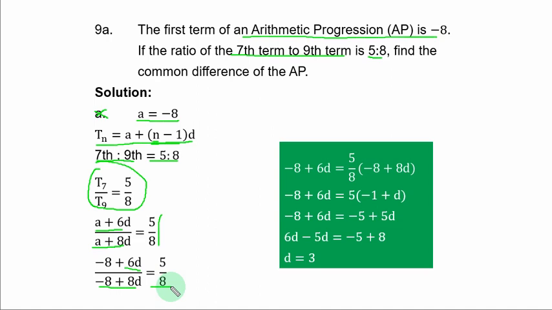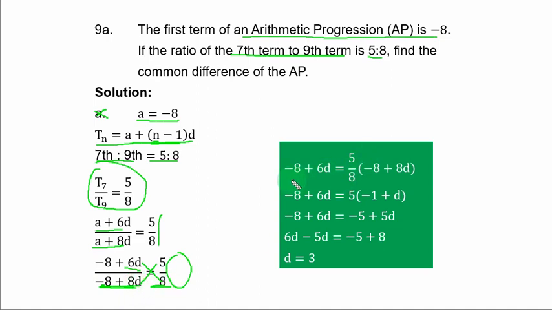Here we can cross multiply, but instead of multiplying this side by 8 and this side by 8, we simply use minus 1 times minus 8 plus 8d on this other side, because we see that there is an 8 here and an 8 here that can be factored out to cancel this 8.